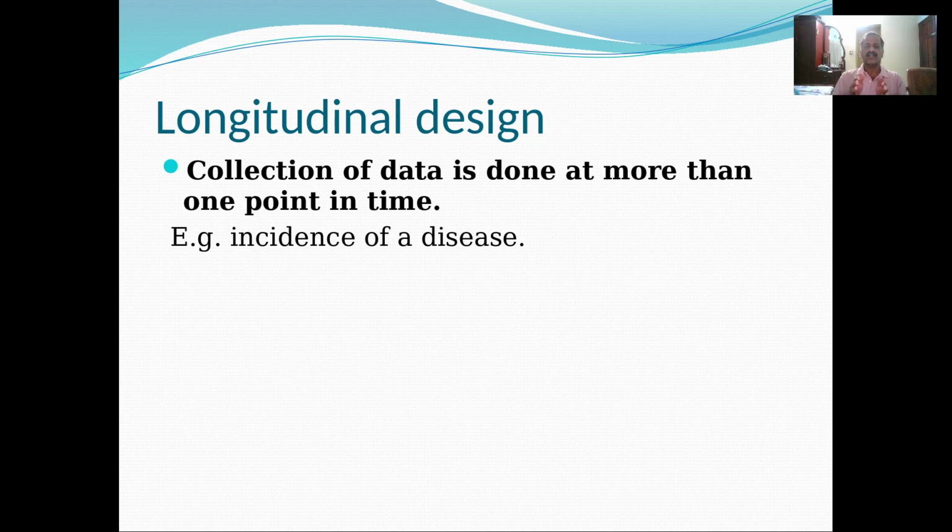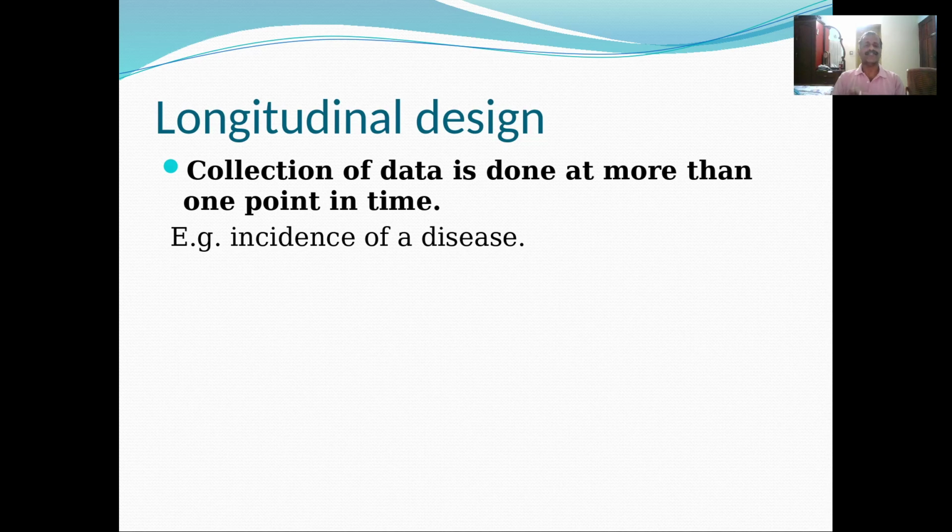So that is the incidence. So if we are collecting the data in 2020 January, in 2021 January, we will collect data again. And the difference between these prevalences, we call the number of new cases.